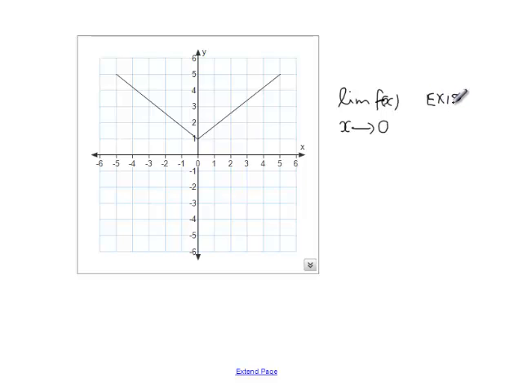And now, if you say it exists, you must establish that the lateral limits are equal, isn't it? What are the lateral limits then? So in this case, the limit of f of x as x approaches 0 from the left is equal to the limit as x approaches 0 from the right, and we are saying that is equal to what?